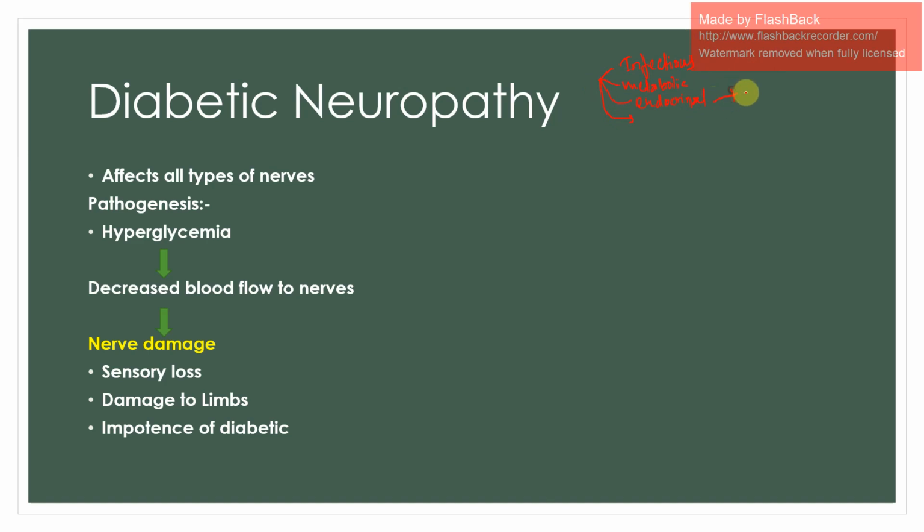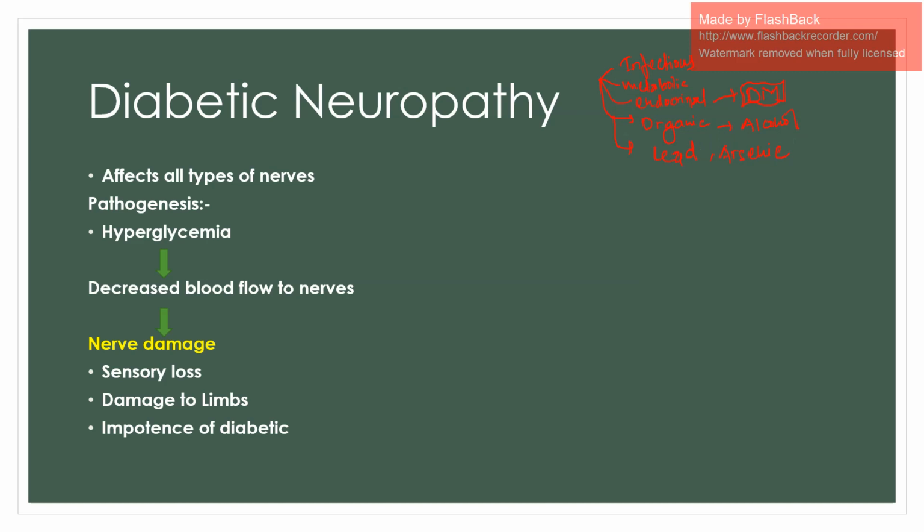One of the causes in the endocrinal section is diabetes mellitus, and it is one of the most common causes. There are organic causes like alcohol abuse, inorganic causes like lead poisoning, arsenic poisoning. So there are a hell lot of causes of neuropathy.